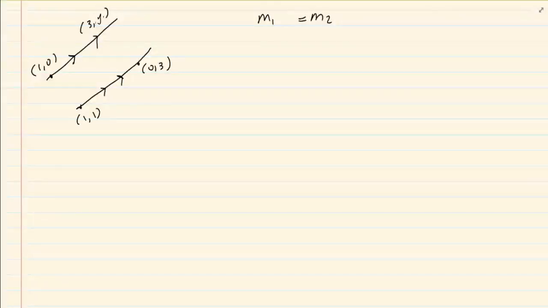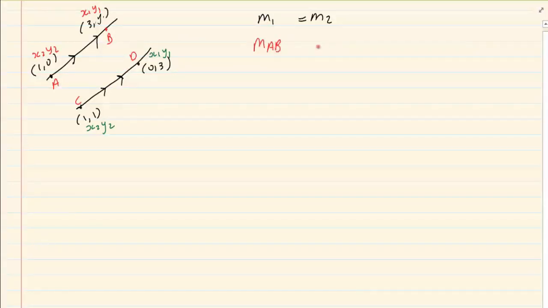So if I'm working, again we're going to mark our x1, y1, x2, y2, and we're going to do the same to the other line. Now let us substitute. If we have this as line AB and we have line CD, so we're going to work out the gradient of AB, and since they are parallel, we know it's going to equal to CD.